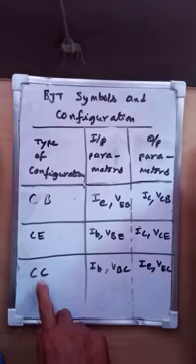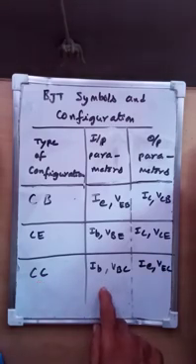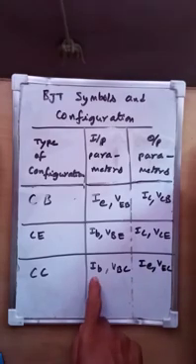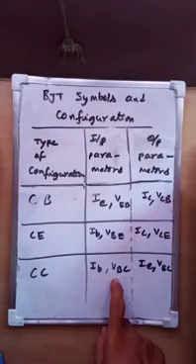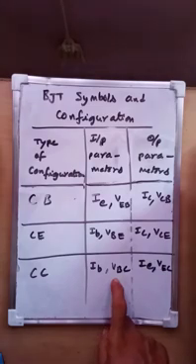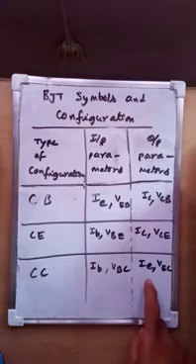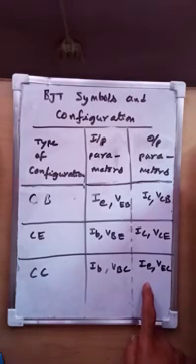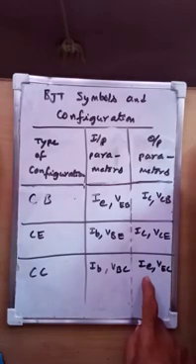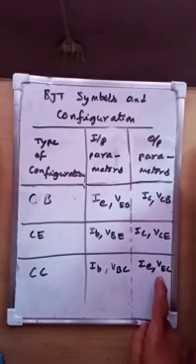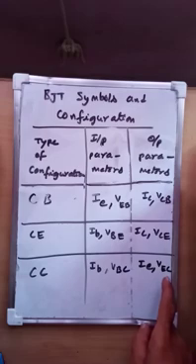Coming to the common collector, here the collector is common, the input terminal is the base, so the current through it is IB, and the input voltage is between the base and collector, VBC. The output terminal is the emitter, so the current through it is IE, and the output voltage is between the emitter and the collector, which is called VEC.